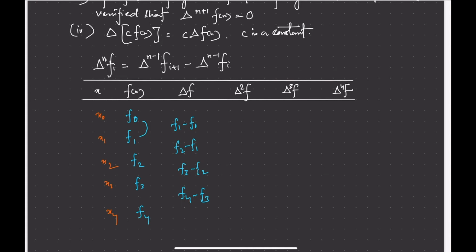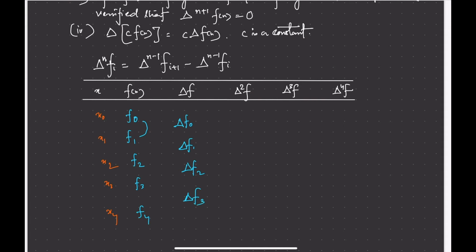Okay, so this one, instead of f1 minus f0, I can replace by del of f0. This one I can replace by del of f1, this one by del of f2, and this one by del of f3.